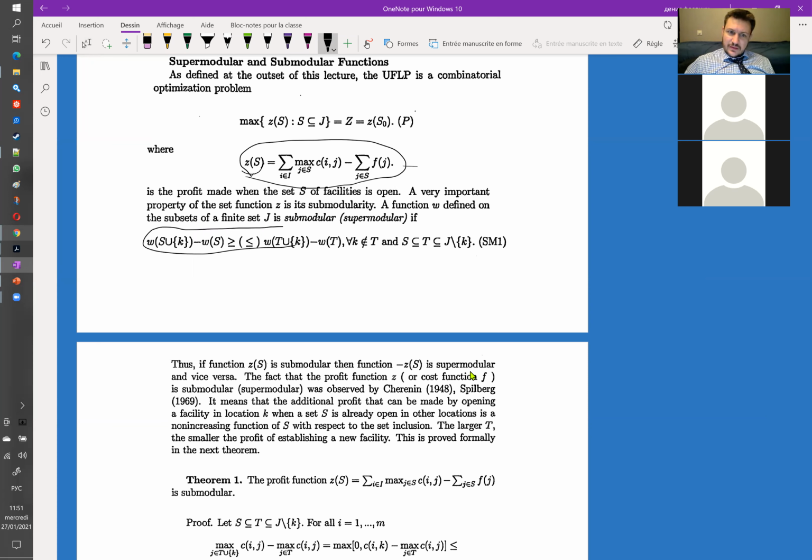I mean, this one is submodular, and this one is supermodular. What does it mean? How can we understand it and try to check what it is? This one is just a function there.